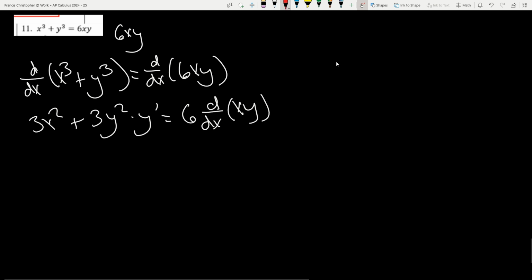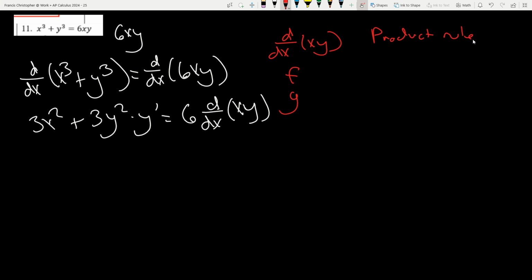I'm going to do this in red just so we can see it better. Let's make another f and g table. And here, hopefully you can see we can use the product rule. f is x and g is y. f prime is going to be 1, and g prime is going to be y prime.